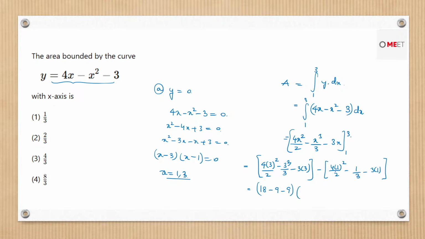Minus of, 4 by 2 is 2, minus 1 by 3, minus 3. So this would be 0, and this will be 2 minus 1 by 3, minus 3. 2 minus 3 is minus 1. Minus 1 minus 1 by 3 is minus 4 by 3. So the negative sign, when multiplied, becomes plus 4 by 3. So option 3, that is 4 by 3, is the answer.